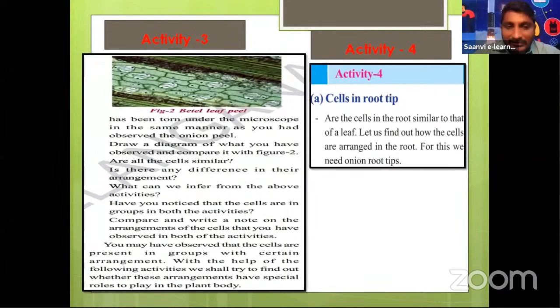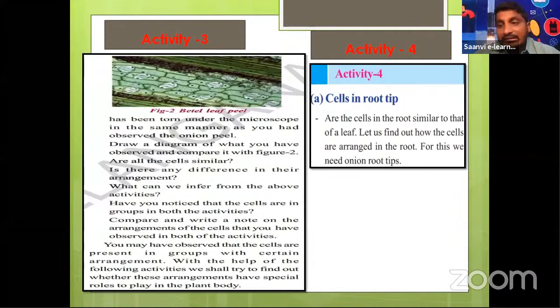We infer from the above activities that some of the cells have modified or arranged in a different manner. Why? To perform specific function.